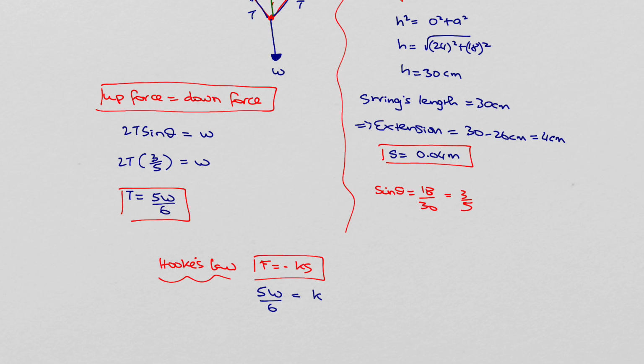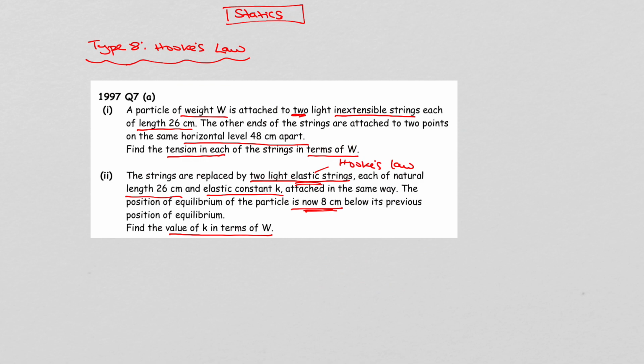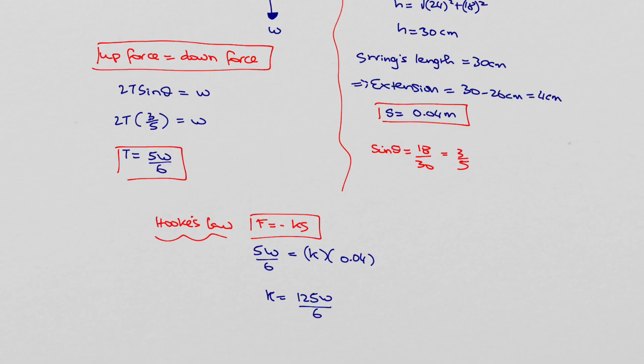And the minus we don't need to use for calculation purposes. The minus just signifies that it's a restoring force. So we have 0.04. And therefore K must equal 125W over 6. Okay, and because we're given our meters there, we'll put in our unit.